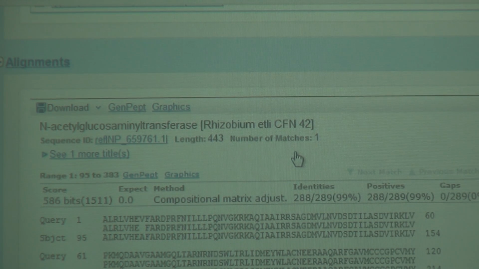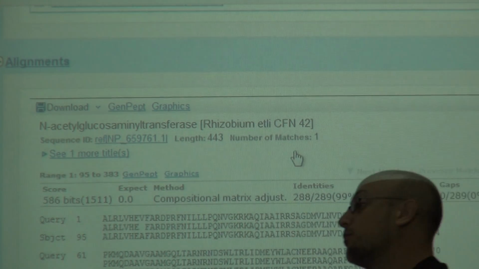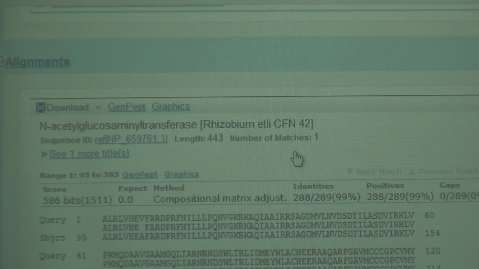If we click here, we go to the page of N-acetylglucosamine transferase in the gene database, where we have much more information about this gene. If we click here, we go to the page of identical proteins to our protein.